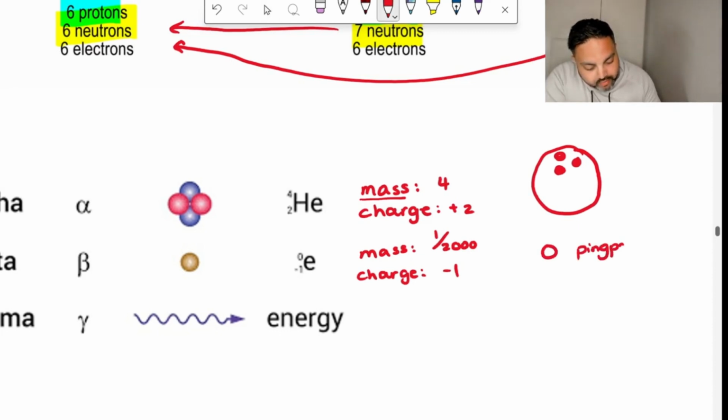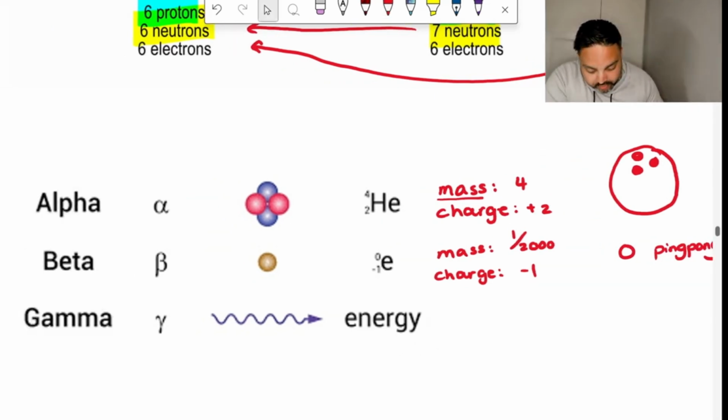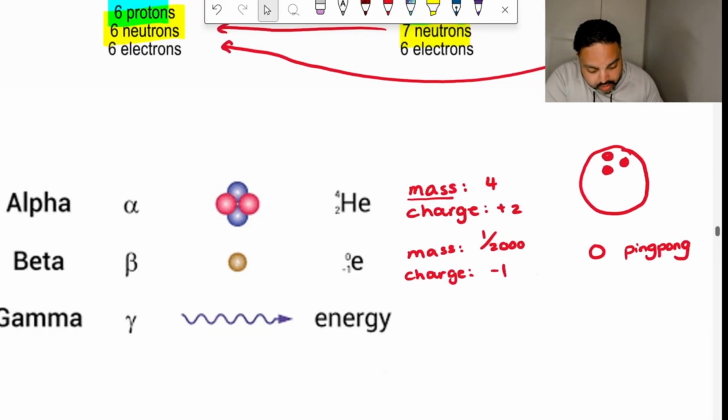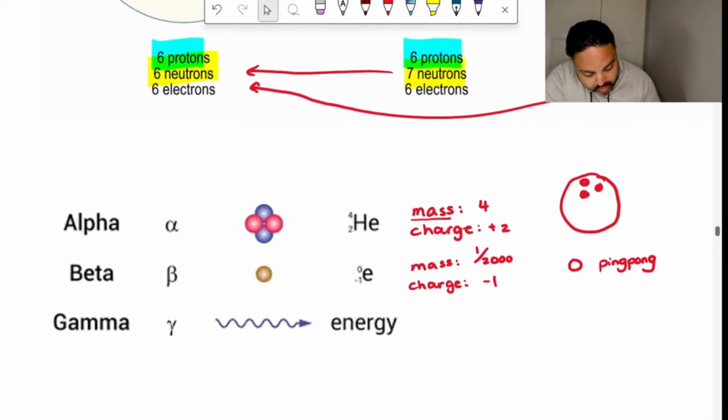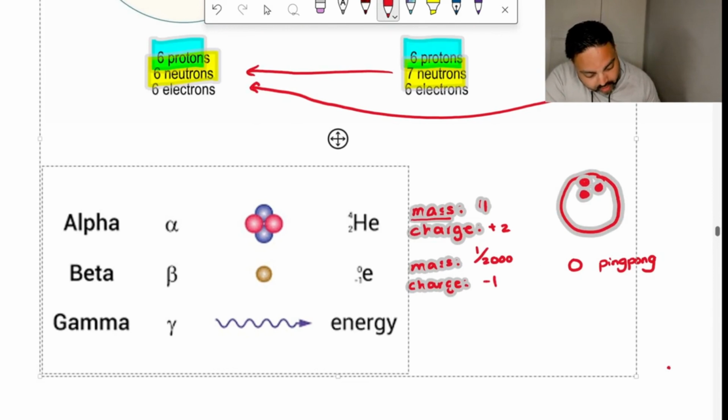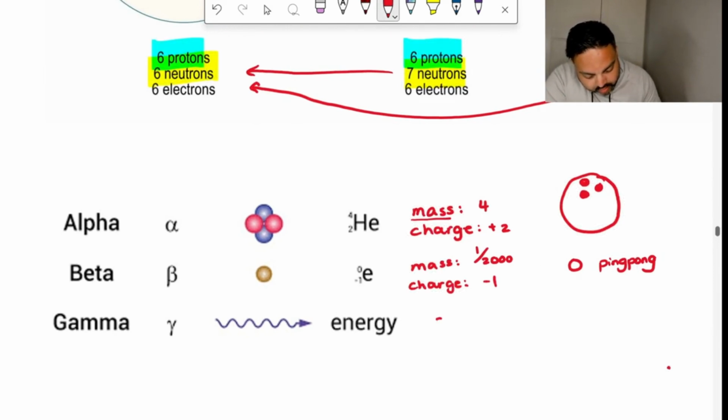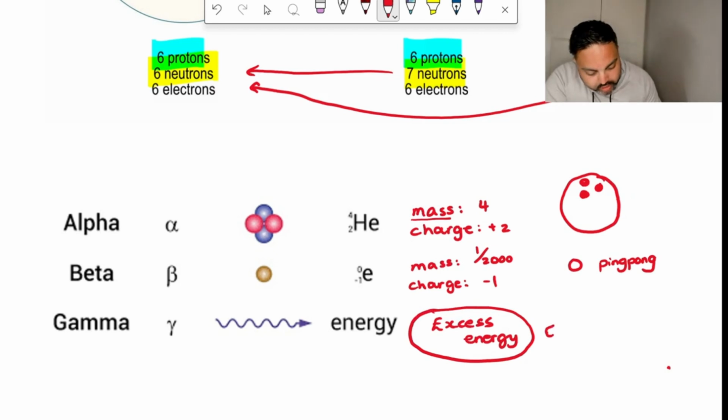If you throw one, it's very likely going to bounce all over the place. However, gamma radiation is just pure energy. It's part of the EM spectrum, and excess energy is emitted via the mechanism of gamma radiation. That is just an electromagnetic wave.